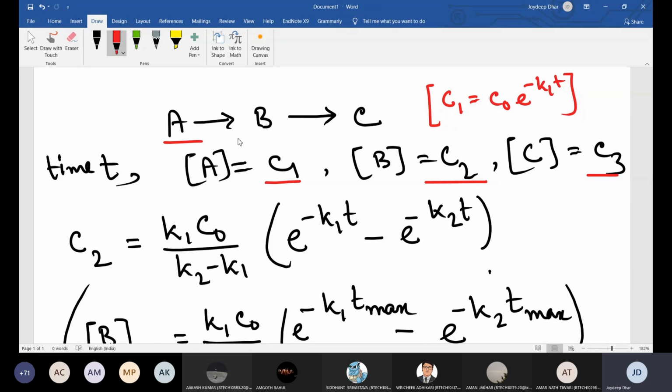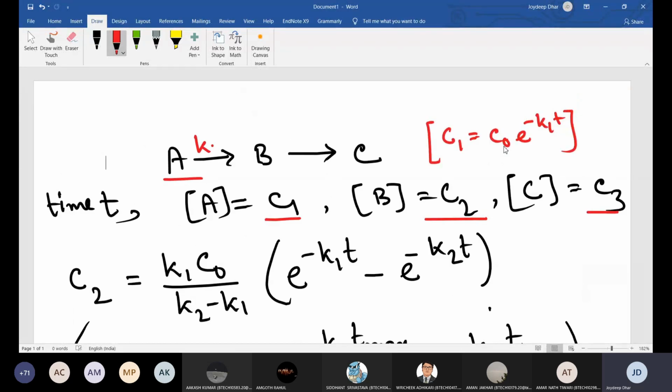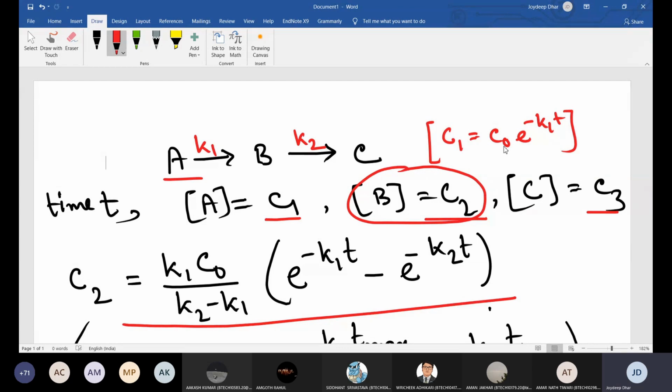So C1, C2, C3, all independent concentrations you have to calculate, and you have to see the graphical representation, how K1 and K2, the rate constants for the first step and the second step, will govern the overall concentration of intermediate B.